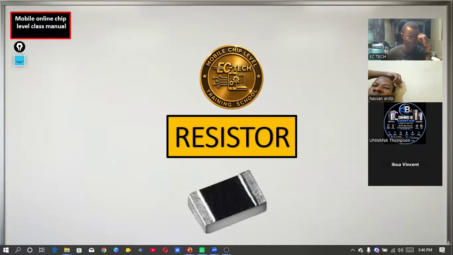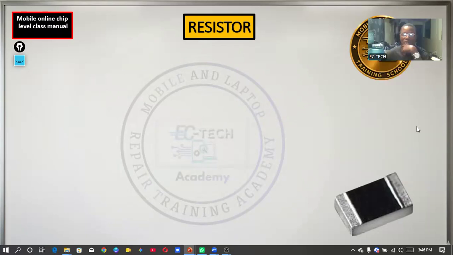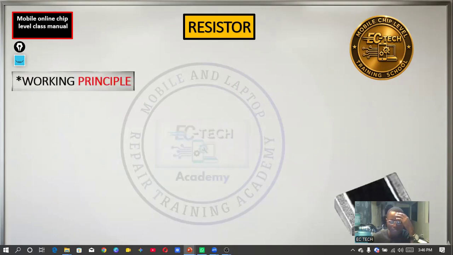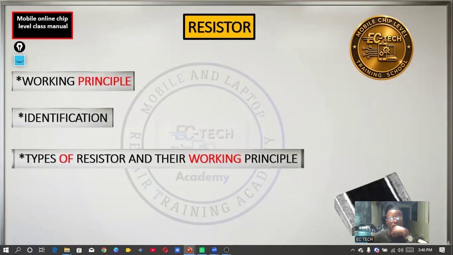It's a controller. Now, let's go to the class. So now when we are talking about a resistor, in the resistor class we are going to cover the working principle, the identification, and the types of resistor and their working principle.